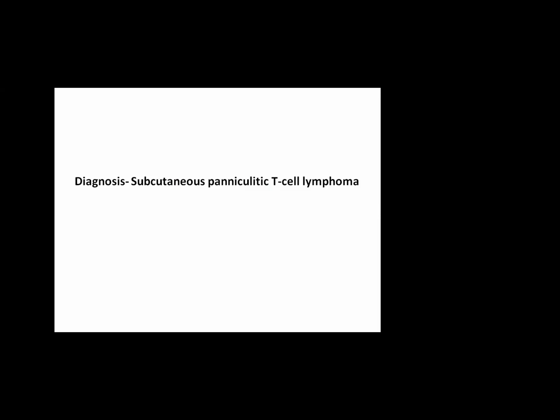And here was this patient who showed the same morphology both the times, and in one instance, the histopathology was classic for lupus panniculitis, and at another time, the biopsy was suggestive of subcutaneous panniculitic T cell lymphoma.